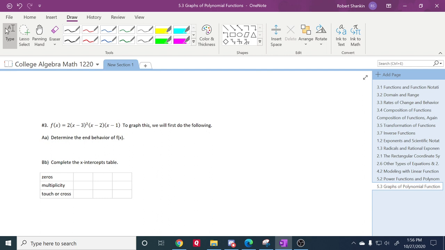All right, group 1. What's the end behavior of this function? Group 1, you got anything? You can always pass.